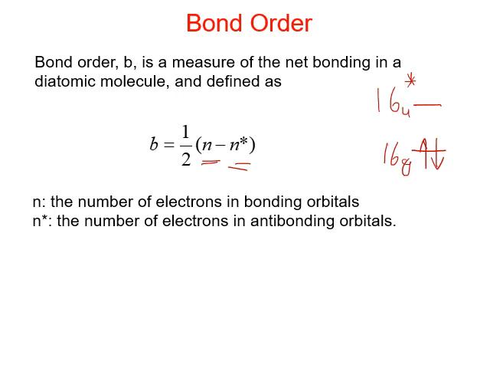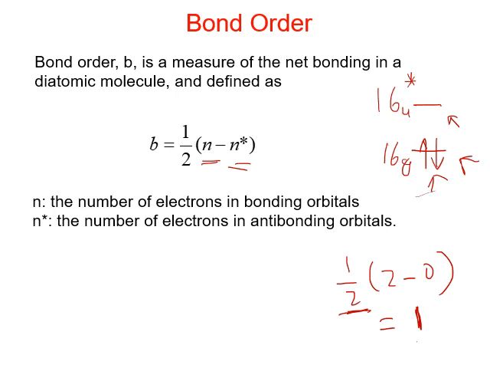According to this equation, half of 2 minus 0 in the anti-bonding gives you 1. We divide by 2 because each orbital holds 2 electrons. So this gives you an idea how many bonds are formed in the molecule.